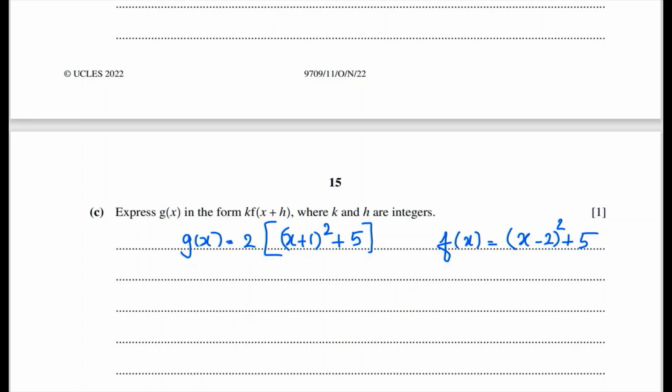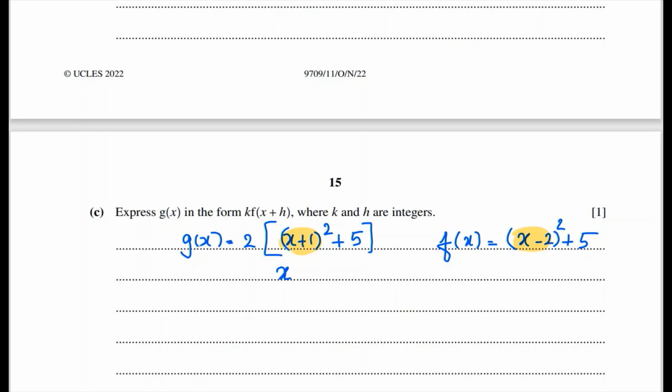We see there is a difference inside the bracket. So in order to write g of x in the form of f of (x plus h), let's rearrange this one. x plus 1.